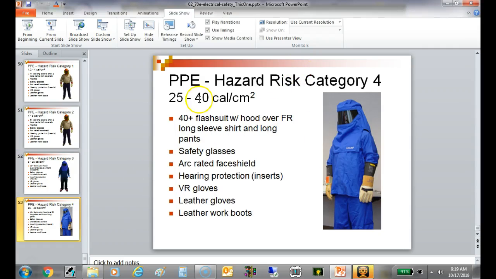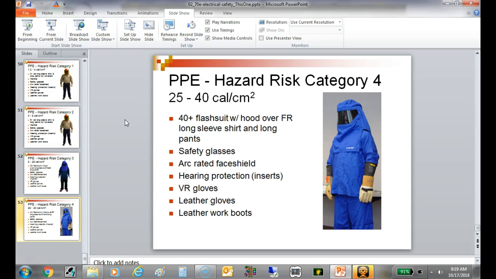Okay. Any questions on that? What was your PPE? We wore hard hats, and that was before the 70E came out, so we were under OSHA standards at the time. We wore safety glasses. We wore a hard hat anywhere we went.